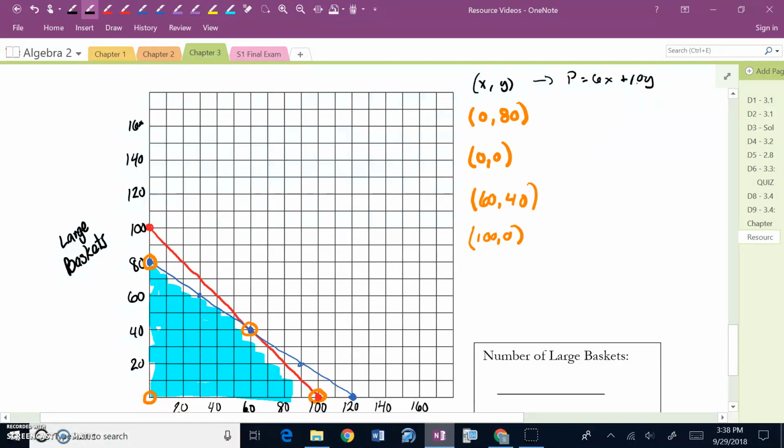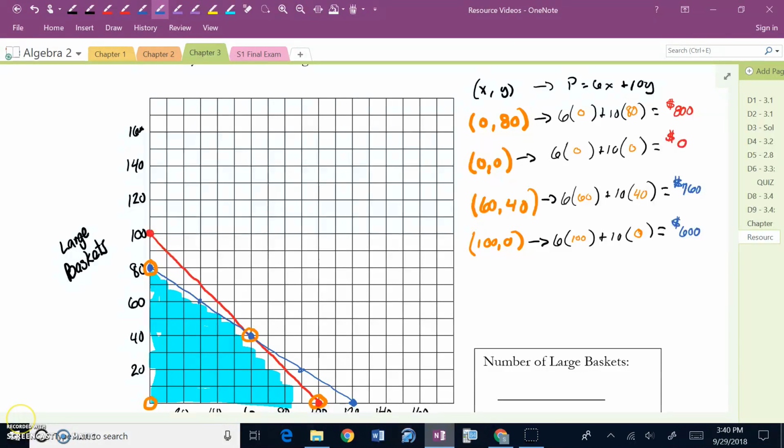Plug each of these into that profit function, and we will identify the minimum and the maximum profits. So we see here at 0, 80, it's an $800 profit. At 0, 0, there's no profit. 60, 40, there's a $760 profit, and 100, 0, there's a $600 profit.